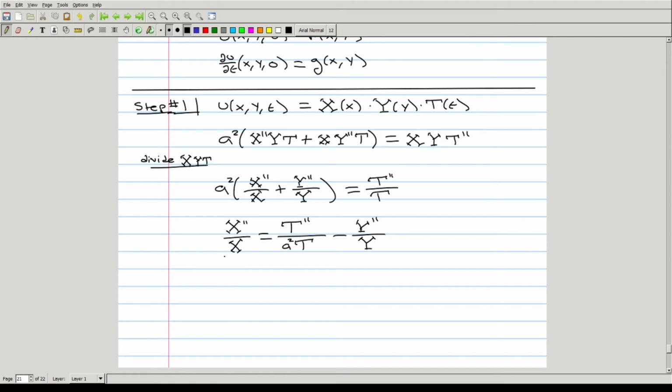And because this is a function only of x, and this entire thing is a function only of y and t, this is equal to some separation constant, negative lambda.